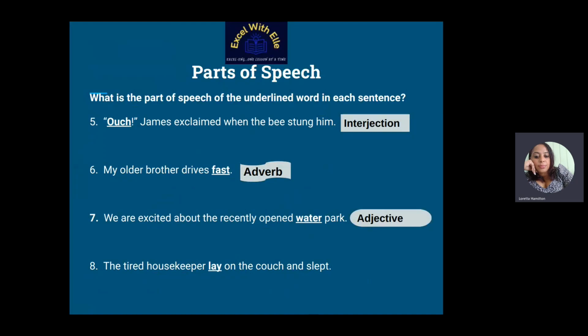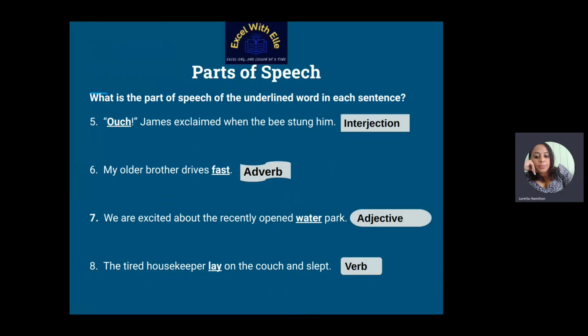The subject here is the tired housekeeper, the one who did the action. So because it tells you what she did, then it is a verb, because one of the functions of a verb is that it is used to express an action, as is the case here.